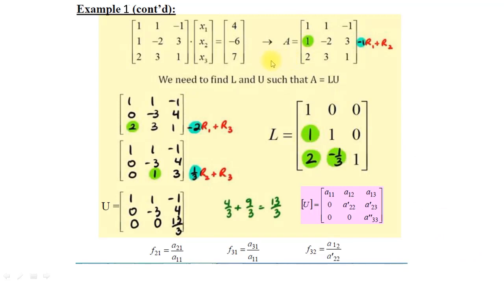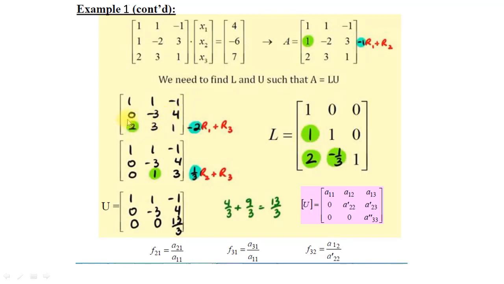So in the echelon form, at this position we need 0, at this position we need 0, and at this position we need 0. So for this position, to make this number 0, subtract the first row from the second row, we obtain 1, 1, minus 1; 0, minus 3, 4; and 2, 3, 1.